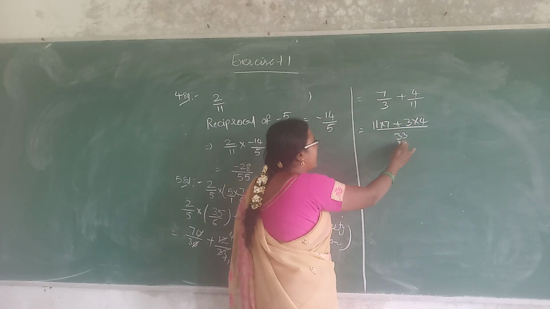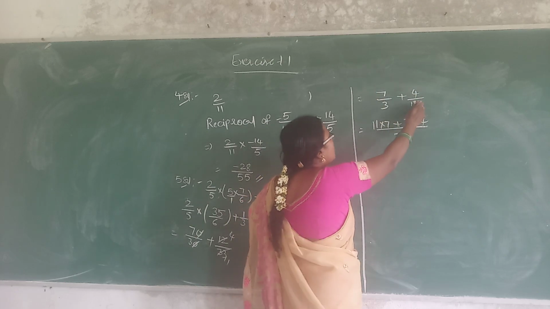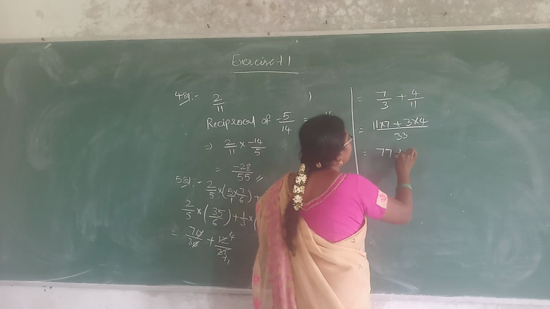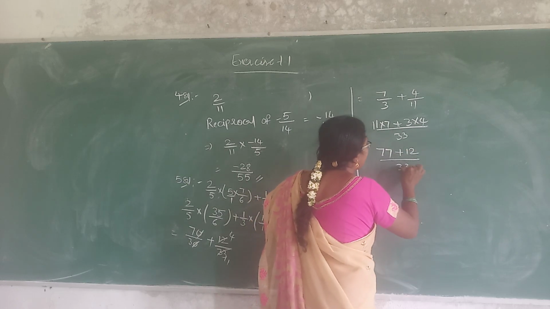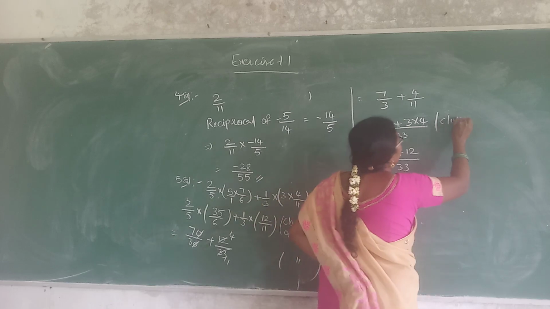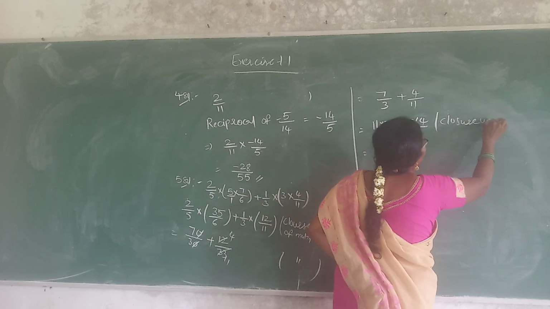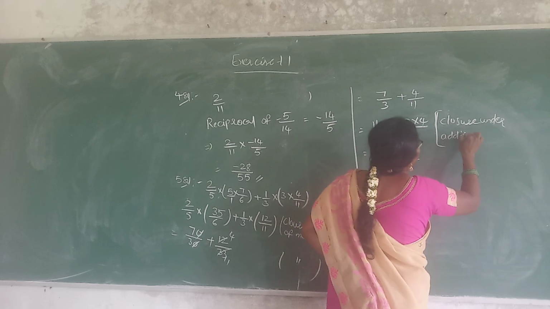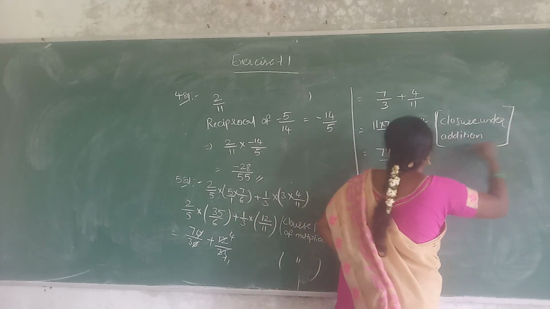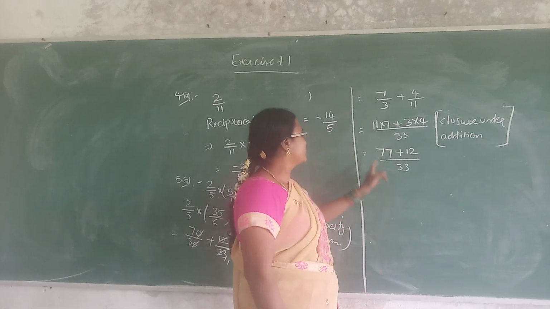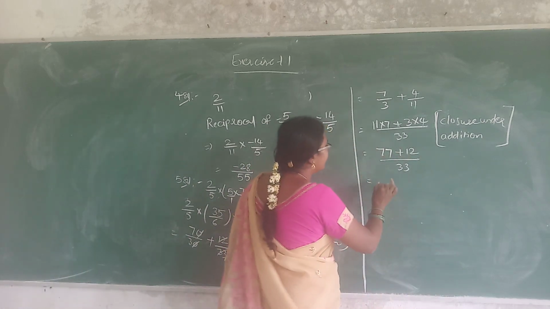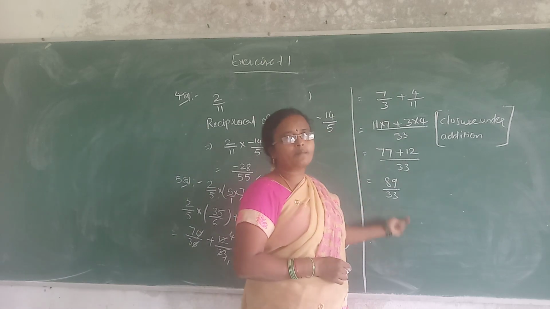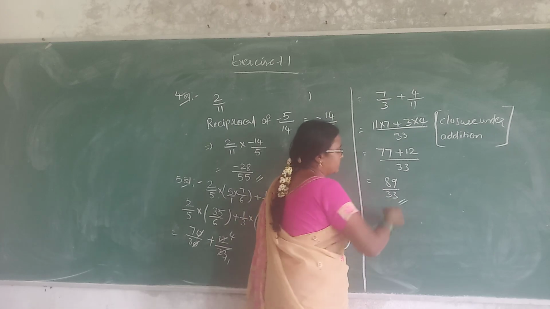So 11 sevens are 77 plus 3 fours are 12 by 33. I am using the closure property under addition. So make the addition: 77 plus 12 is 89 by 33. Again 89 is a prime number, so we cannot cancel, and the problem is finished here.